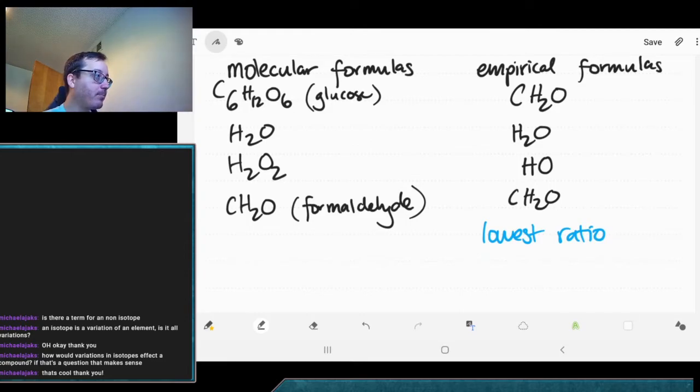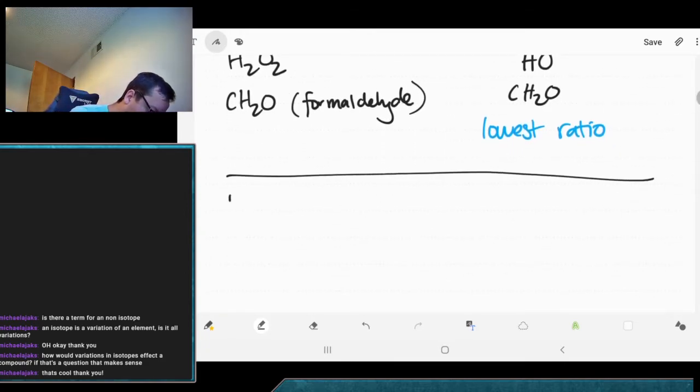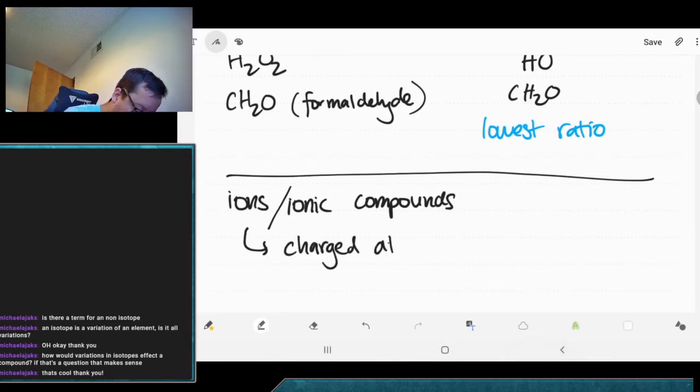Okay, cool. Terminology over. Let's talk about ions now. Ions are charged atoms.